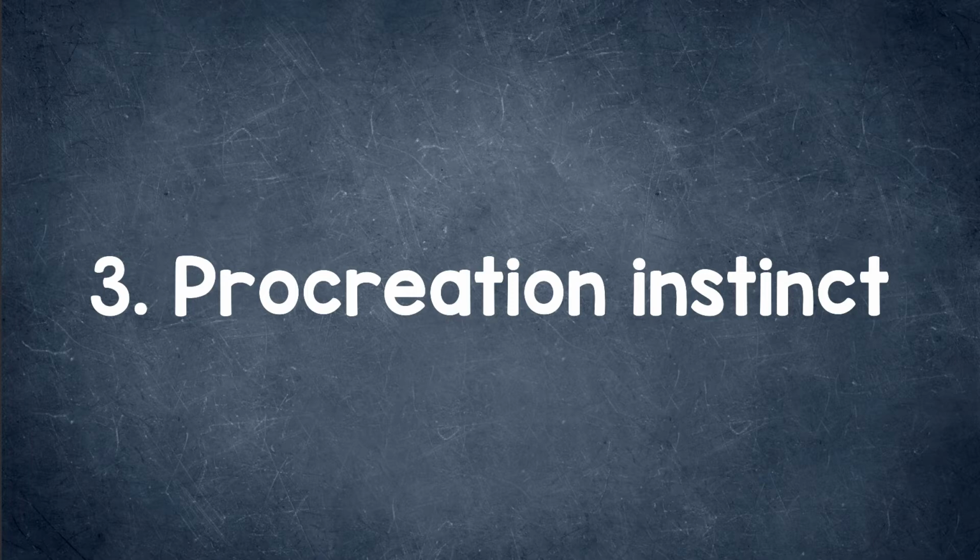3. Procreation instinct. This instinct makes people work on their attractiveness. Its main evolutionary task is to find a partner, procreate, and pass on genes to the next generations. When it comes into play, people tend to attract attention and stand out. It is a procreation instinct that leads the audience to consider our product as a means to achieve this goal.